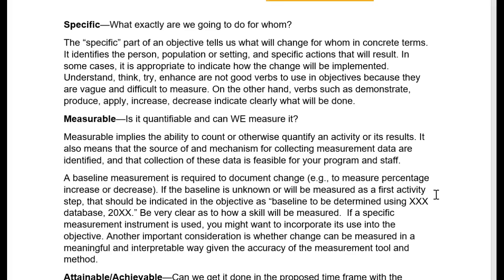So instead of saying student will understand a reading passage in the biology book, I might say student will read and analyze a specific passage related to cell division, so that I'm making it something that I can easily measure and easily explain in terms of what will be done. So we do want goals that are as specific as possible.